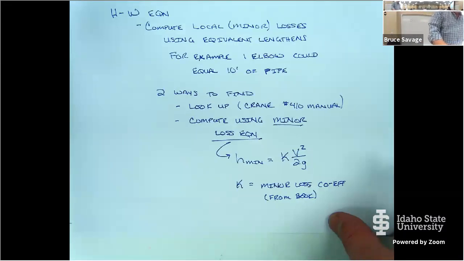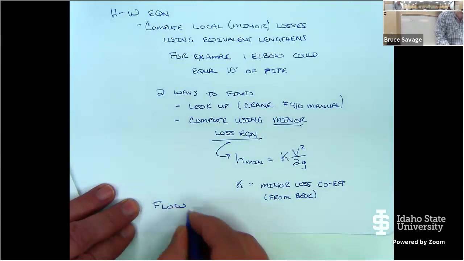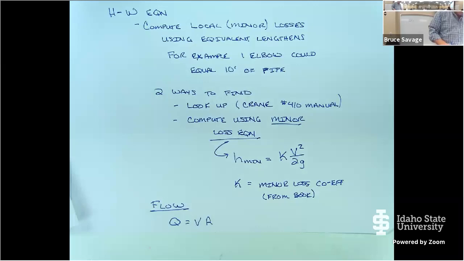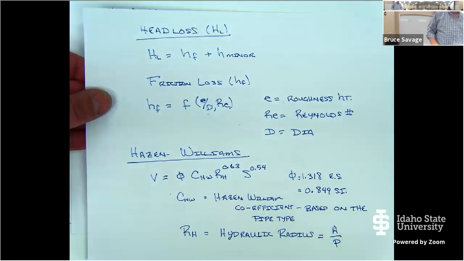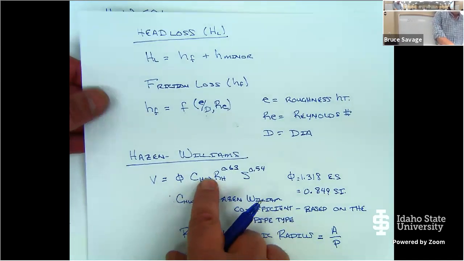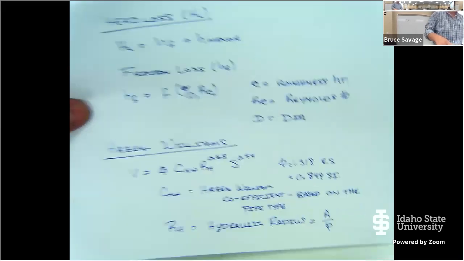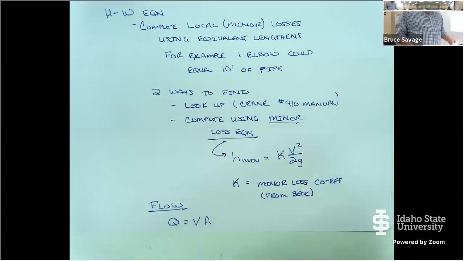So bottom line, Q is equal to V times A. If I stick A inside of that equation, anywhere, it doesn't matter, now I can change that to Q. And that is probably more used than this one because we often want to know flow rate more than we want to know the velocity in the pipe.